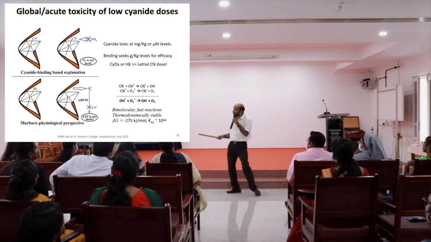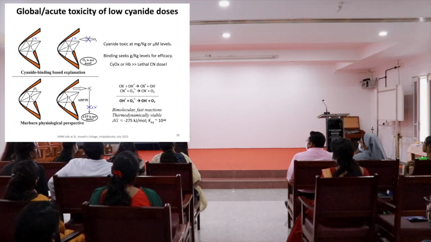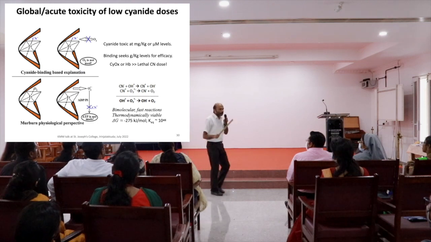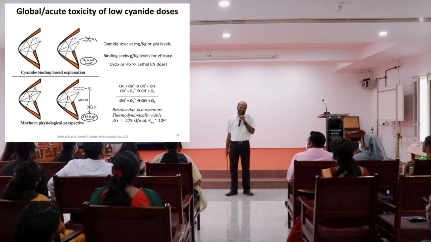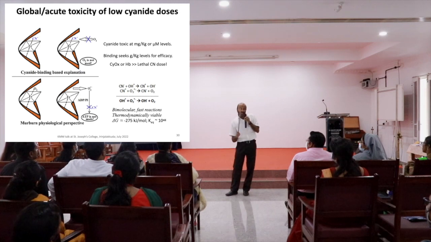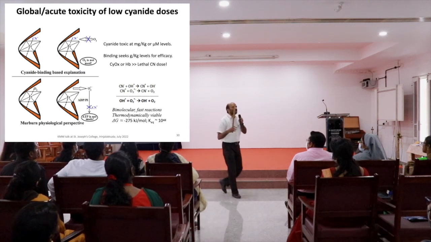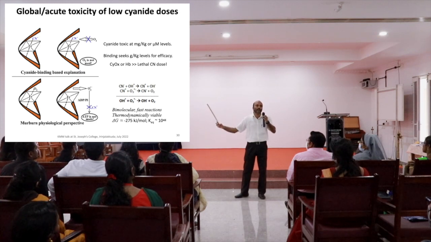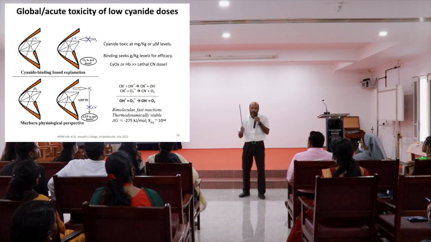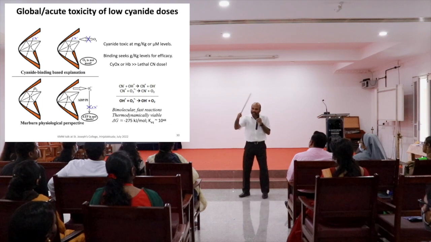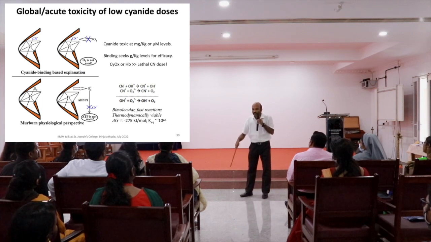Now, if the classical mechanism says that cyanide binds to iron centers, preventing the utilization of oxygen, right? If that is so, you need enough cyanide to bind. So now suppose I have 100 heme centers in my body and I take one cyanide, I still have 99 heme centers, right? Why should it inhibit?